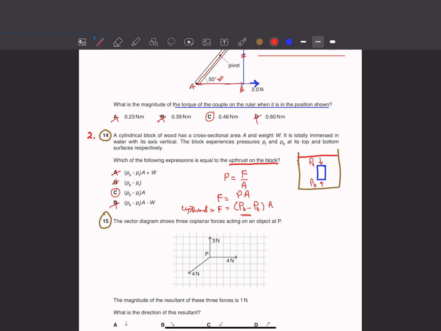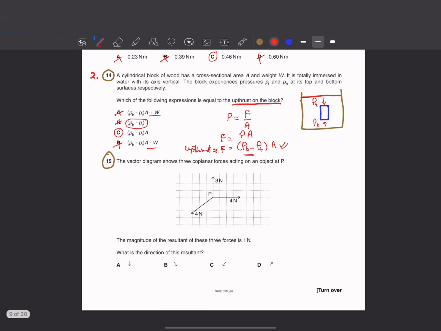Remember this thing, that here you have added W, here you have subtracted W. So of course there is no concept of subtraction or addition of weight in your upthrust thing. Similarly, this is nothing but only the pressure difference. So of course, as I said, upthrust is a force, and force you can write in this way, and this is nothing but your answer C. So I hope this point is also clear.